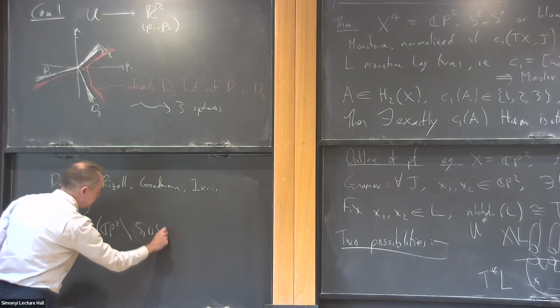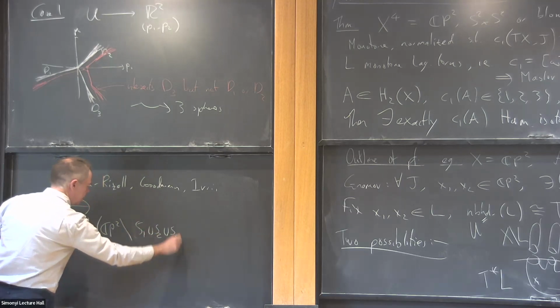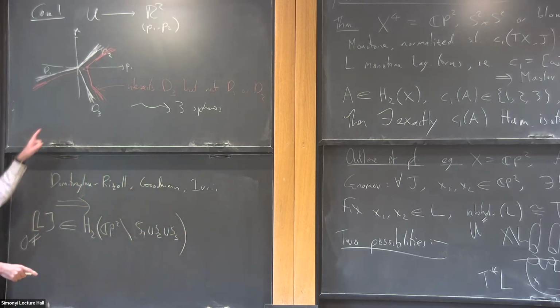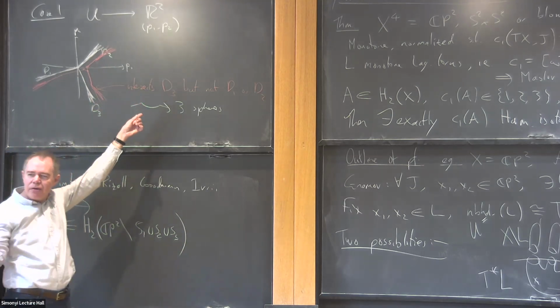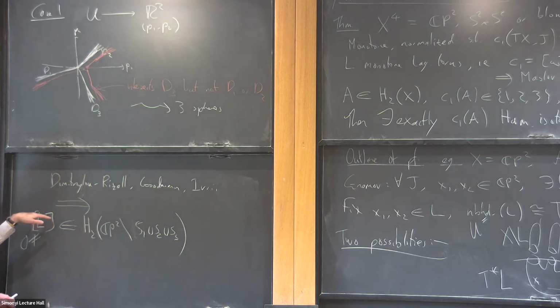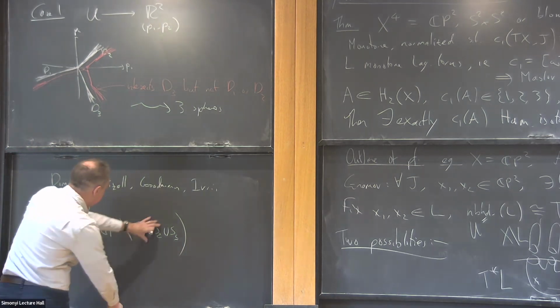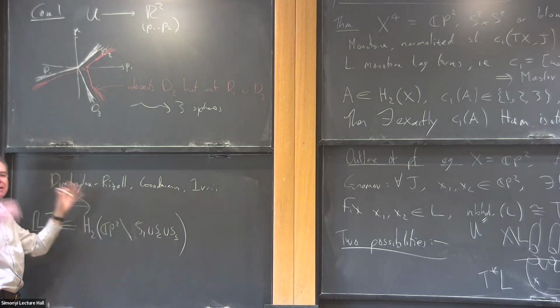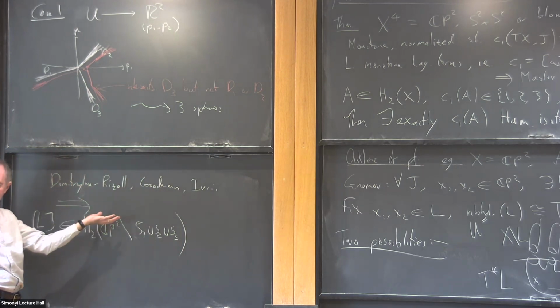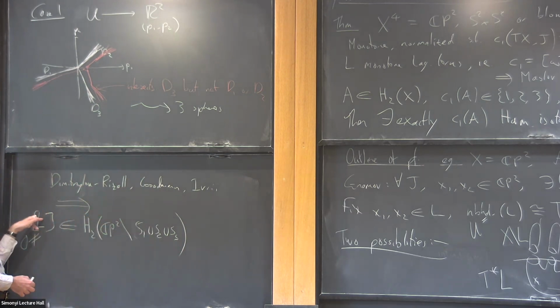That's one, that's two, that's three. If you remove the three spheres, I've got the three spheres disjoint from L, you take those out, L actually represents a non-trivial homology class in the complement. And the complement of these three spheres looks like just a subset of the cotangent bundle of the torus. This is homologically non-trivial.